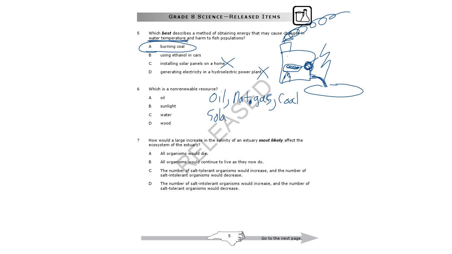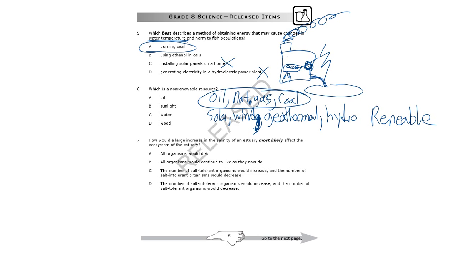Solar, wind, geothermal, hydroelectric, all of those are renewable. So these are renewable. These are non-renewable.